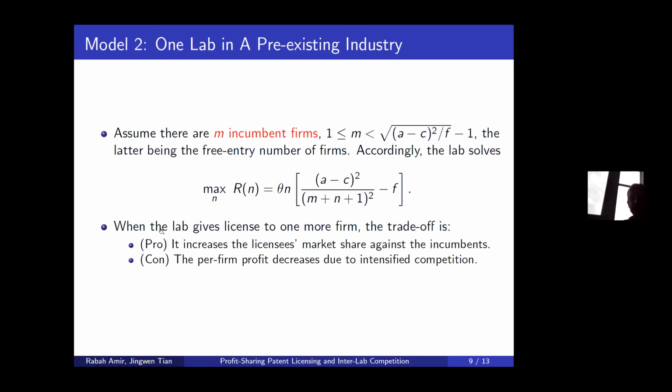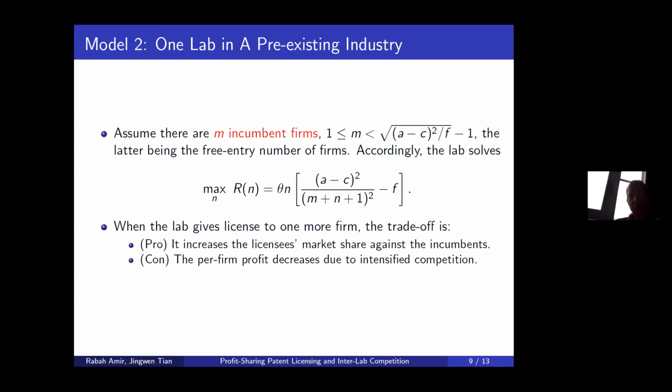And the intuition is that when the lab gives a license to 1 more firm, it faces a trade-off: adding 1 more firm increases the licensee's market share against the incumbents, the existing firms. But the per firm profit decreases because you intensify competition by adding 1 more firm. So this is, again, just the direct intuition from divisionalization.